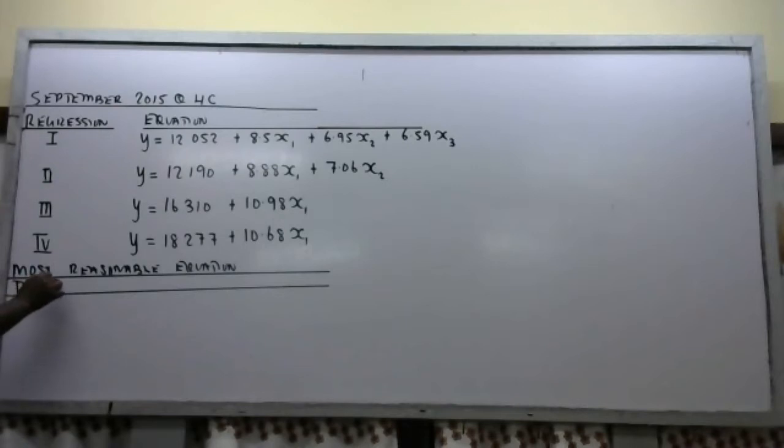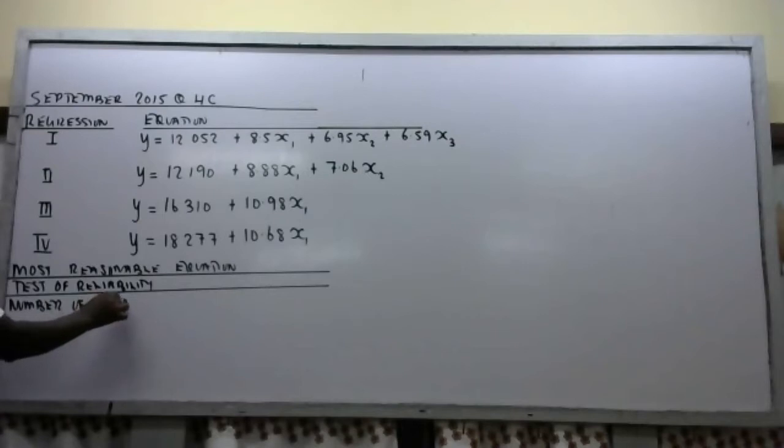So I can call them test of reliability. Now in the test of reliability, we will first of all do number of independent variables, that is the first thing that we shall check.